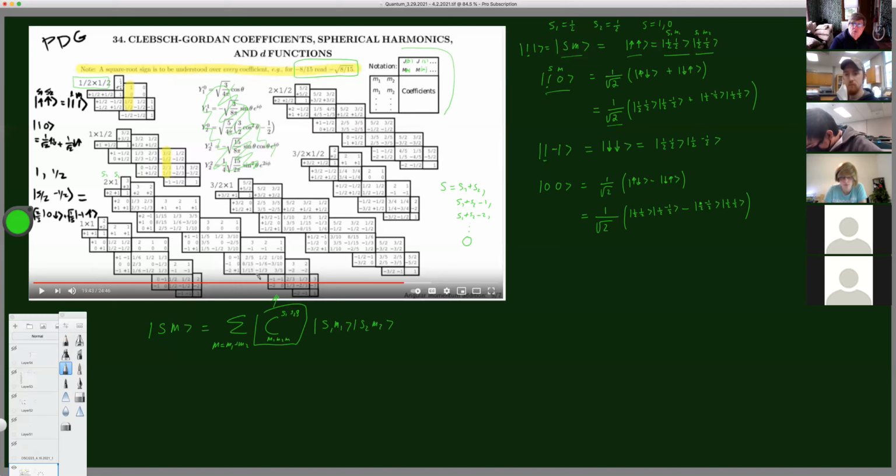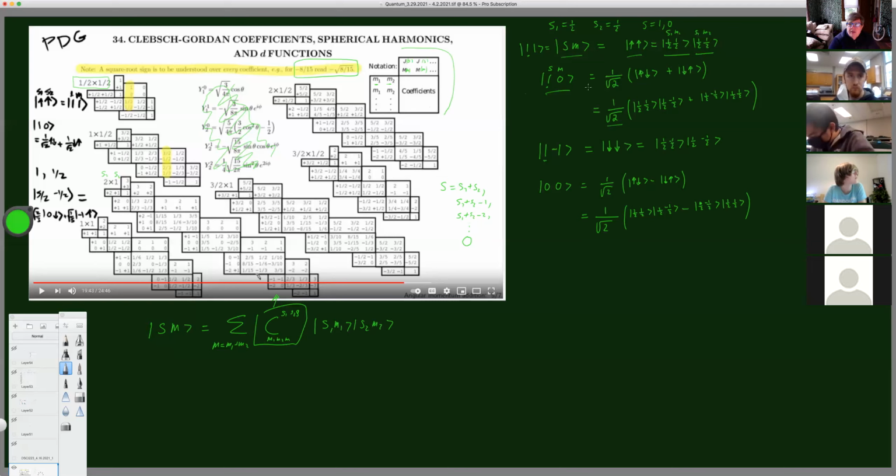Let's look at total S equal 1, that's here, and M equal 1. Then we are told that over here to the left will be the M1s and M2s. So here is the M1 and M2. That makes sense? M1 is 1/2 and M2 is 1/2.